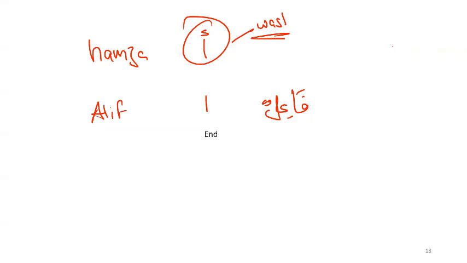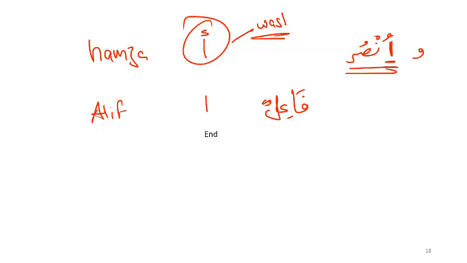For example, when we say unsur, what does this mean? Help someone. Is this an alif or a hamza, the first letter? Hamza.